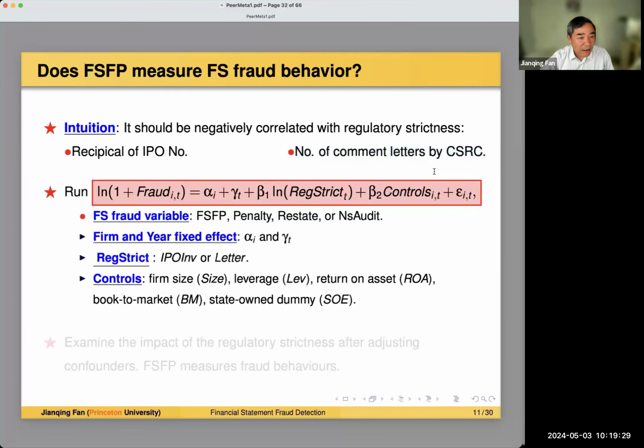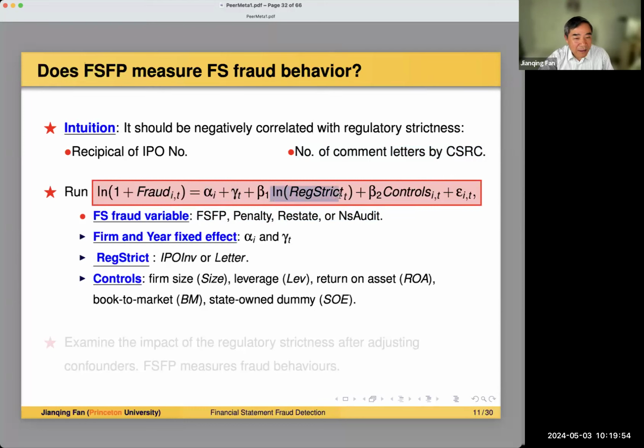And then we run the regression. The Y variable is our propensity score. And for curiosity, we also use the indicator of whether a company was penalized by the authority or not, and the other three dummy variables here too. So this is the firm effect, and this is the time effect.